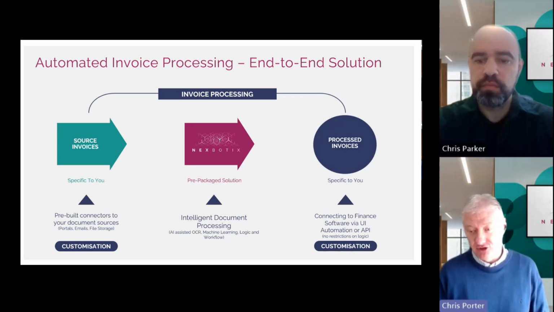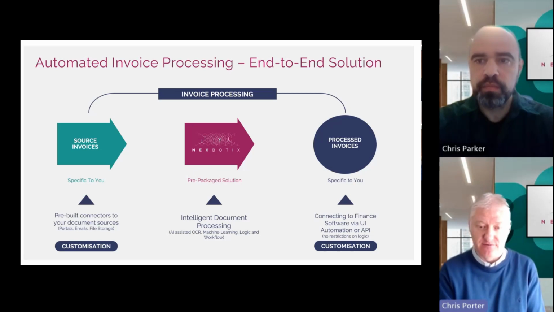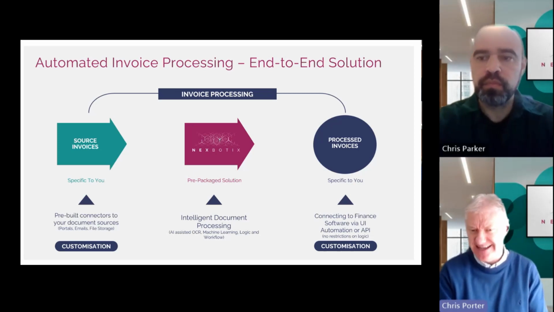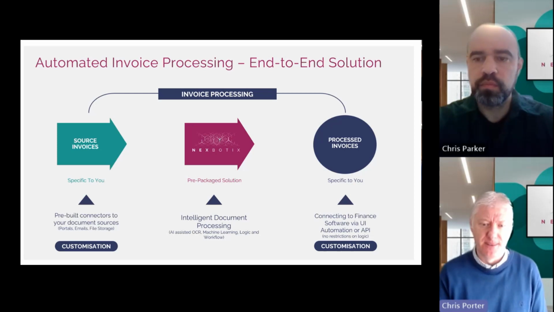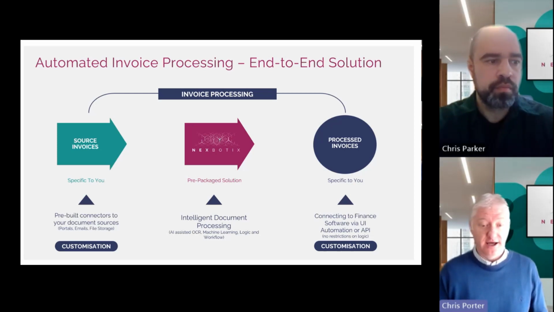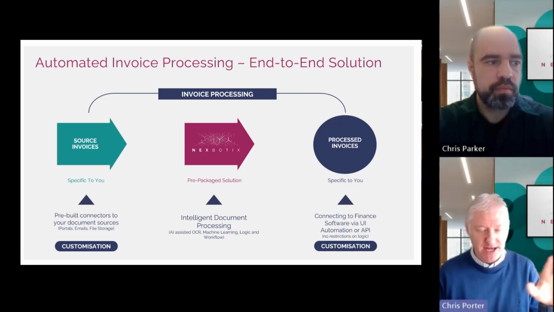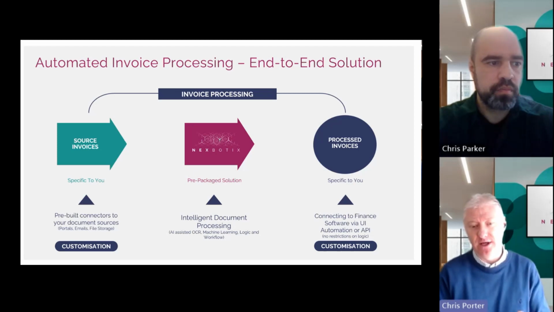We can link directly into that system via an API, so we're going into the database, straight into the back end of the system, or the bots can act like a human and go into what I call the front door, putting a username and password in and going through different menu structures exactly the same as a human would. So complete flexibility in terms of how we implement all the business logic and business rules that you have for your process.